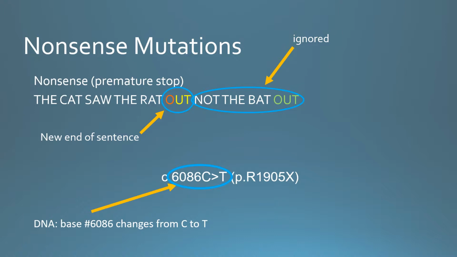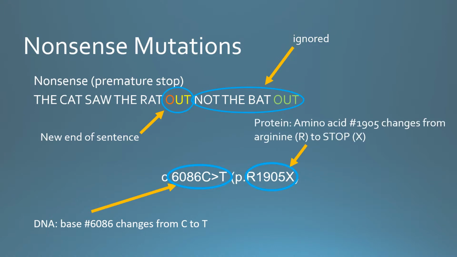In this example, for a nonsense mutation, you change base pair number 6086 in the DNA sequence of a certain gene from a C to a T. That doesn't really tell you very much. But in that particular sequence, it changes amino acid number 1905 from the amino acid arginine, abbreviated with an R, to a stop codon, abbreviated with an X. So an X means that that's the end of the protein.